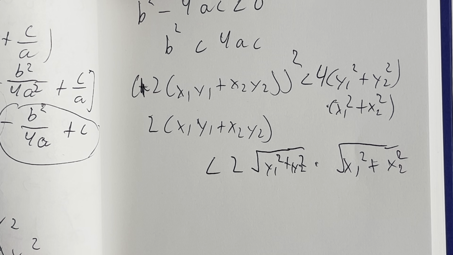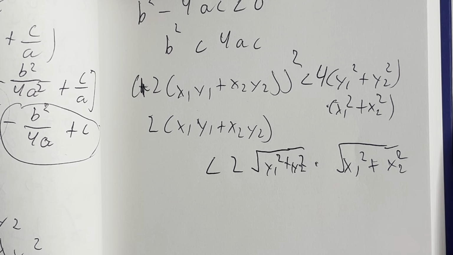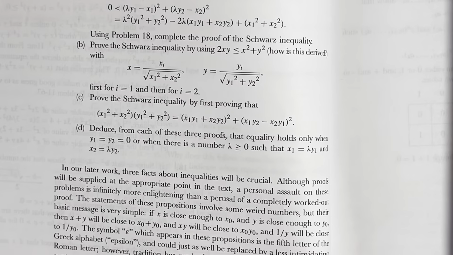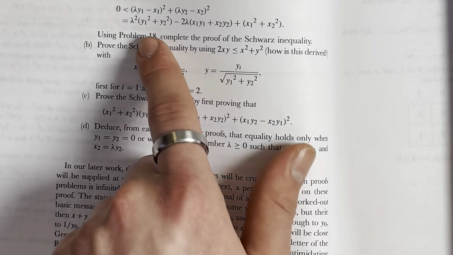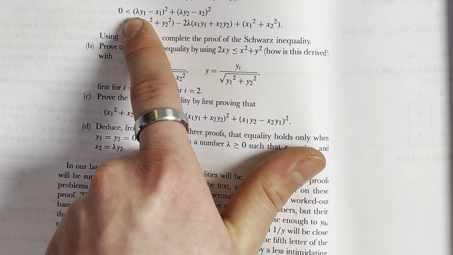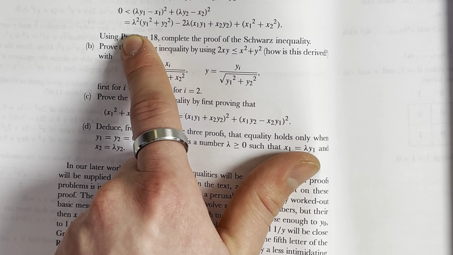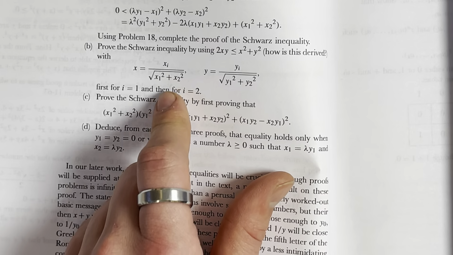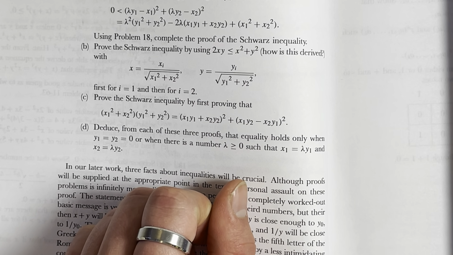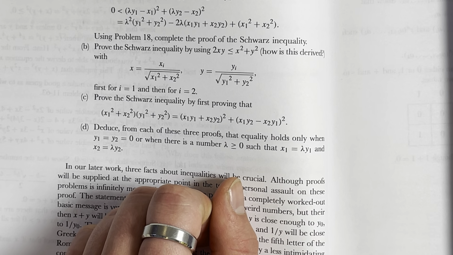And obviously just by dividing it by 2 we find the Schwarz inequality. And so this is a very nice way of proving it. This kind of obvious chain of inequalities, and then just using facts from problem 18 to find a pretty and easy proof for the Schwarz inequality.